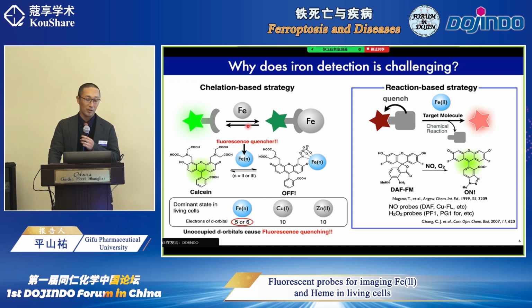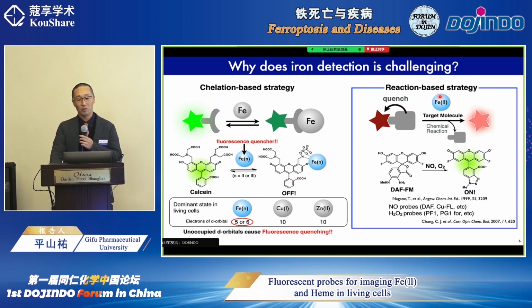However, in the case of Fe2+ or Fe3+, the fluorescence response must be turned off because both Fe2+ and Fe3+ are strong fluorescence quenchers. So we needed to change the design strategy to obtain a turn-on type of fluorescence probe.